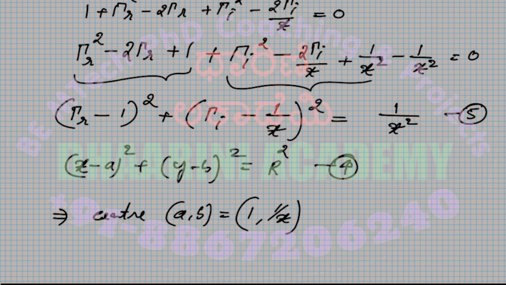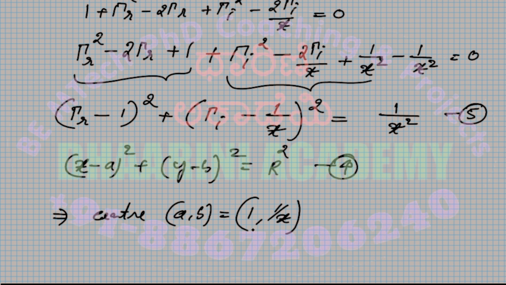What is x here? x is the imaginary part of my impedance. Are you okay? Whatever you find as x there, take 1 by x. That will be your y coordinate. Now again, this is very clear that a is always fixed to 1. But the y value keeps on changing. Are you able to get that?